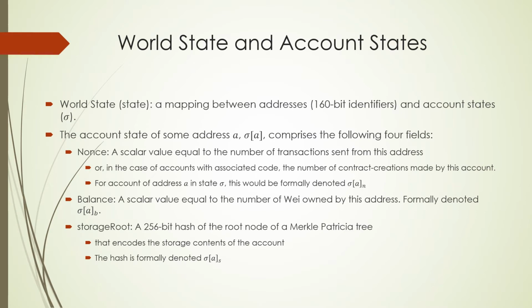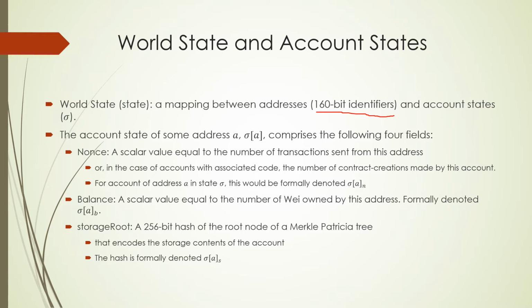Let's start by defining the world state. The world state is a mapping between addresses and account states. Each address is a 160-bit identifier that uniquely represents some node, or we can say some account.